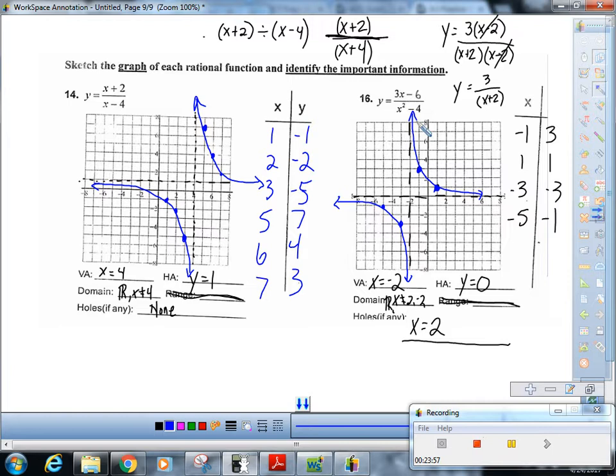Alright, when graphing a hole, you literally graph it and then erase it. So, there's a hole at x equals 2. So I got to go over here, and I got to take my eraser, and I got to hit that and mark a hole in that.